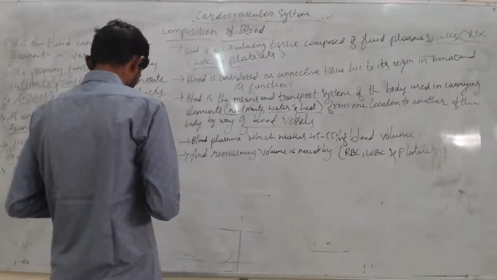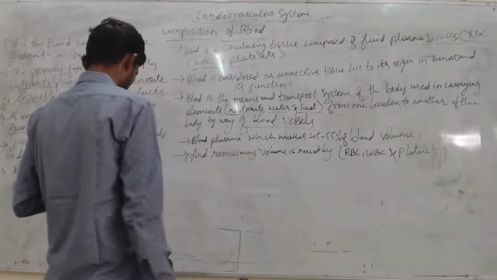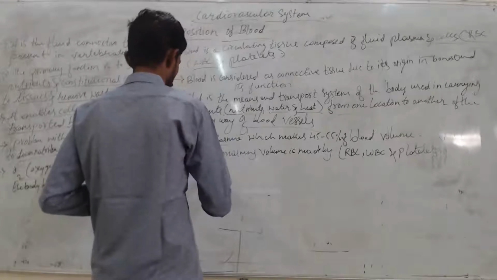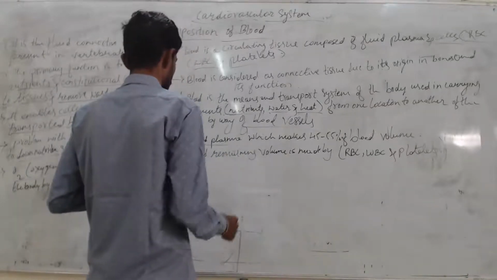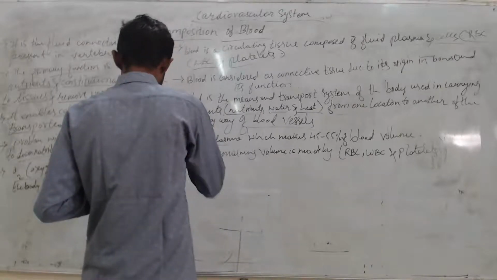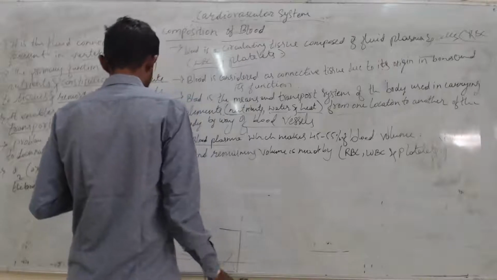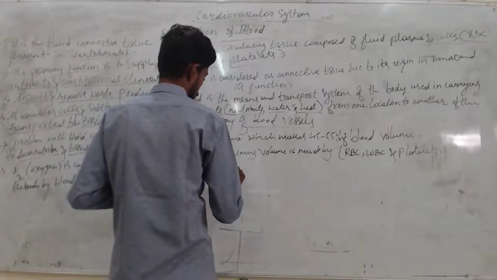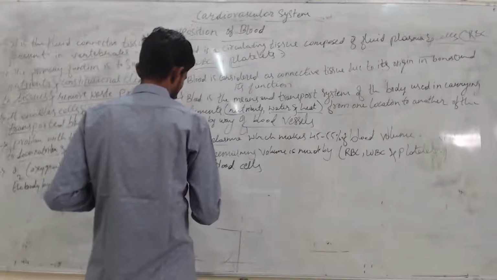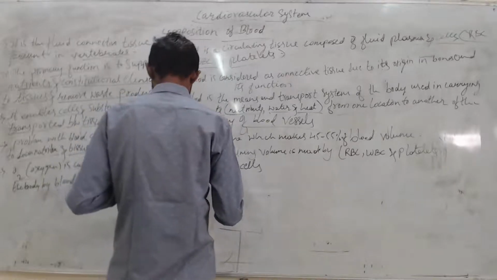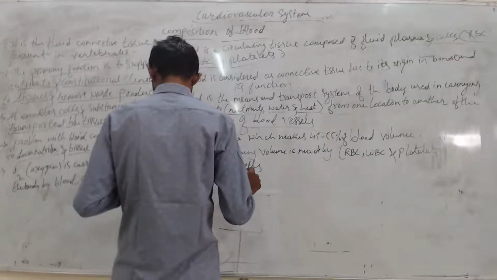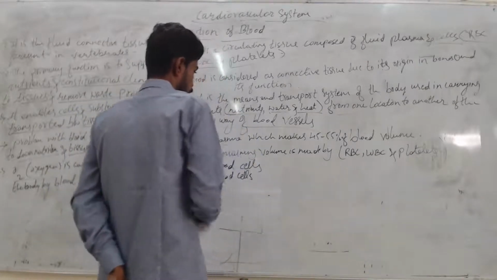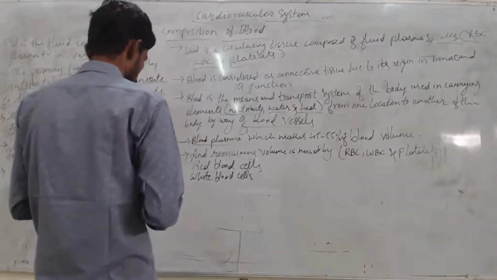And blood is made up of two parts. One is blood plasma, which makes up 45% to 55% of the complete blood volume, and the remaining blood volume is made up of cellular elements, which are RBC, red blood cells, white blood cells, and the platelets, which combine to make the blood volume complete 100%.